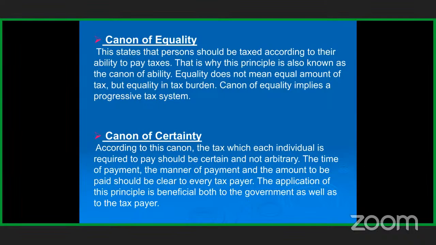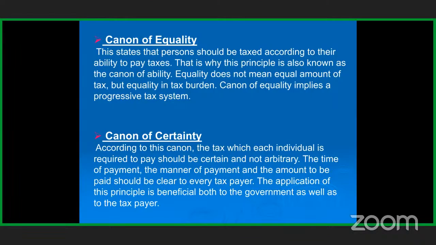So the equality canon should be followed in formulating taxation or tax structures by the government. And canon of certainty states that the manner of payment, the time of payment of tax, the amount to be paid should be clear, to be certain.